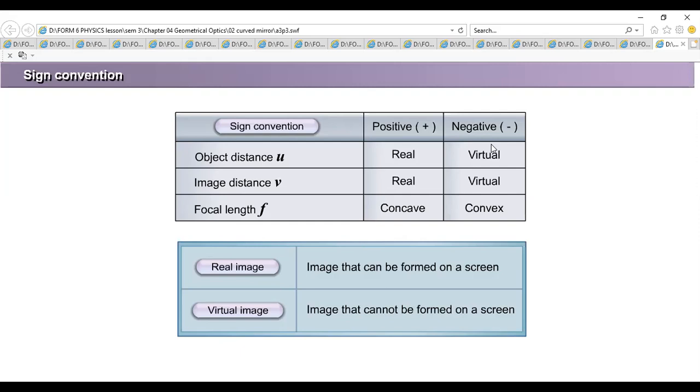But when we look at the mirror, we notice that the image is still formed in the mirror. That means that a virtual image just cannot be reflected and form on the screen. A real image can form on the screen.